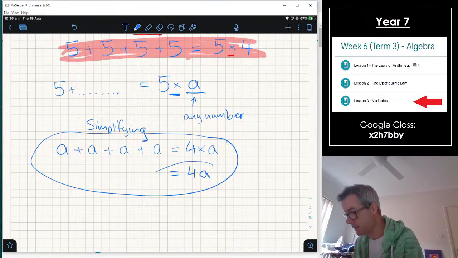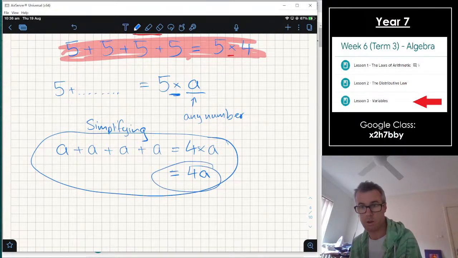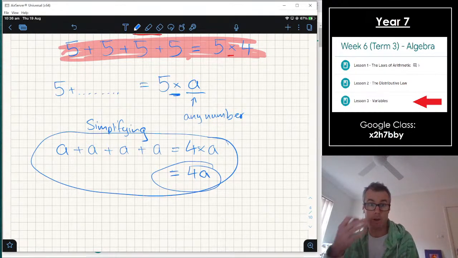Ultimately, it's this one here, like so. So we're taking what we've known before and applying it to a different language, a brand new set of ideas, and a brand new approach.